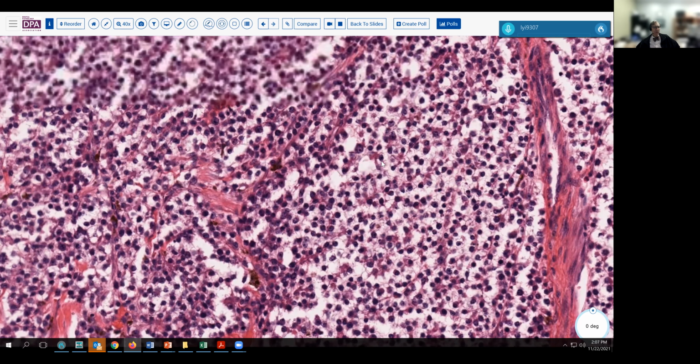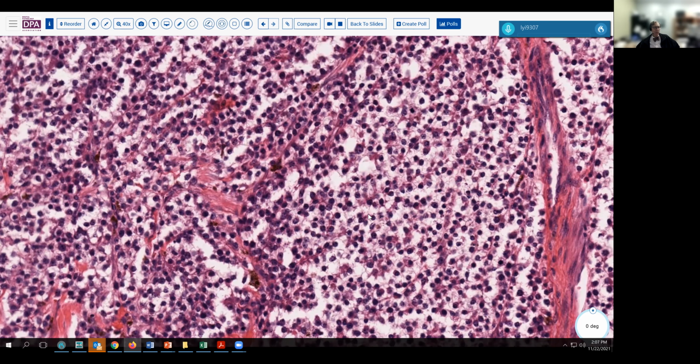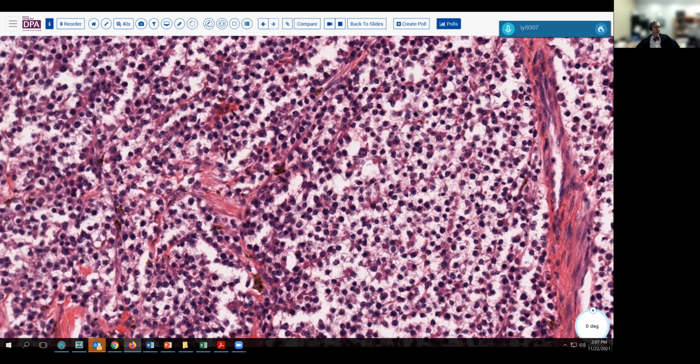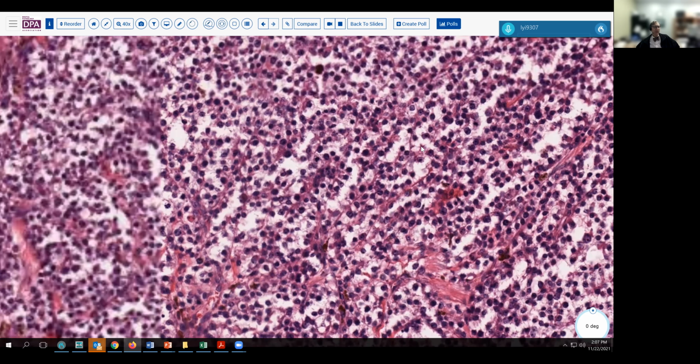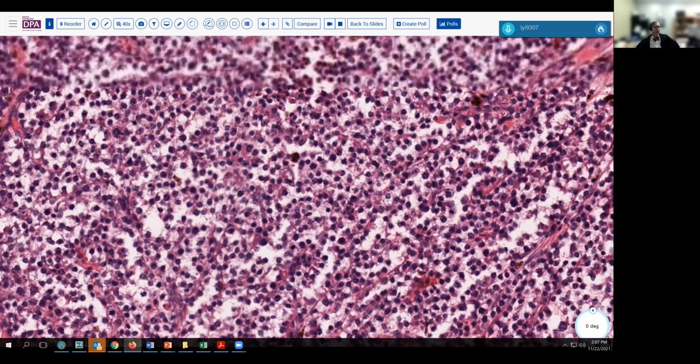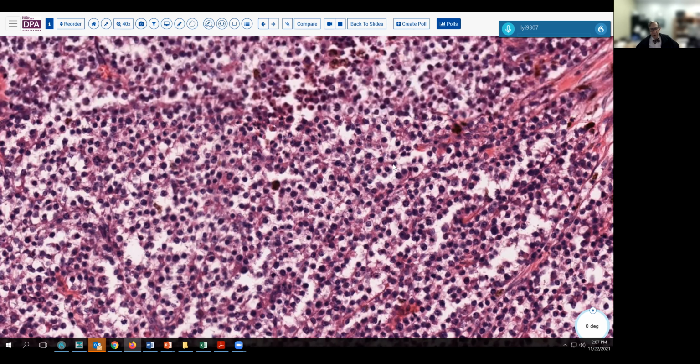Now, this doesn't have the typical morphology of metastatic melanoma. It's obviously a small round blue cell type of sarcoma, but with the associated presence of melanocytic evidence here, you would begin to wonder about a clear cell sarcoma.